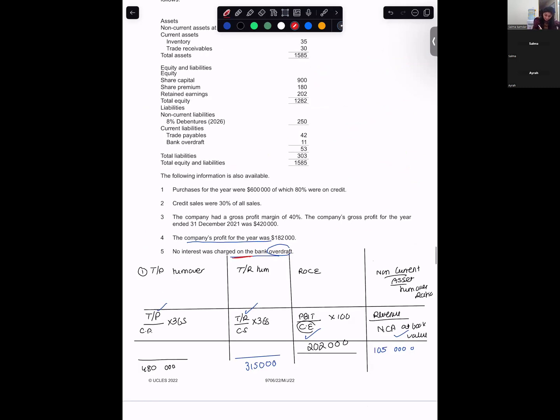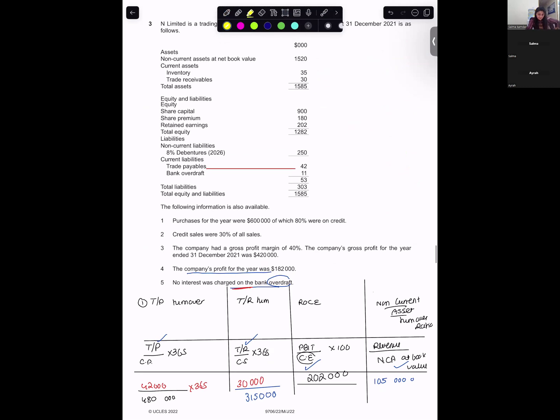Okay. Trade receivables is 30,000. Capital employed: it is own funds plus non-current liability, the loan funds. How much is loan funds?